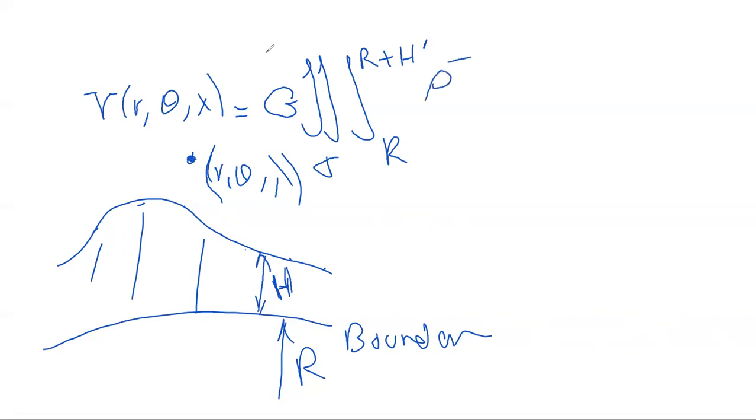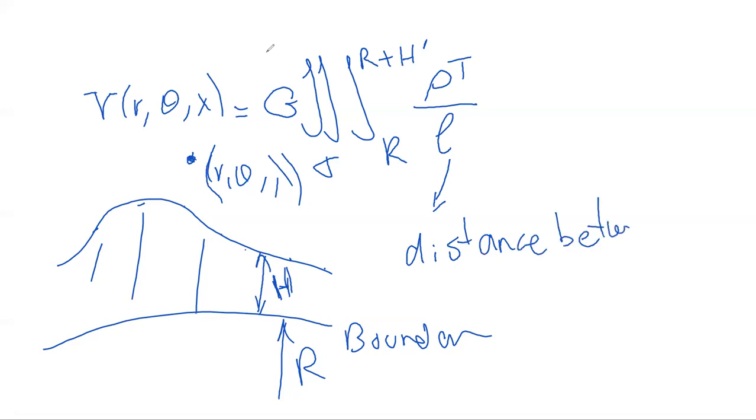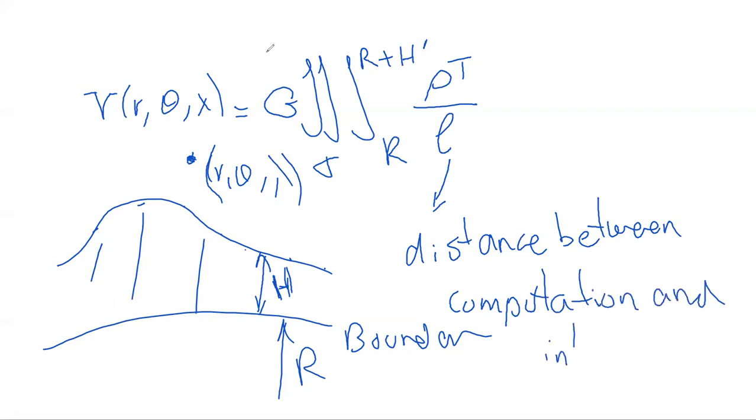And the density of topography, over L. L is the distance between the computation point and the integration point, then r prime squared, dr and d sigma.